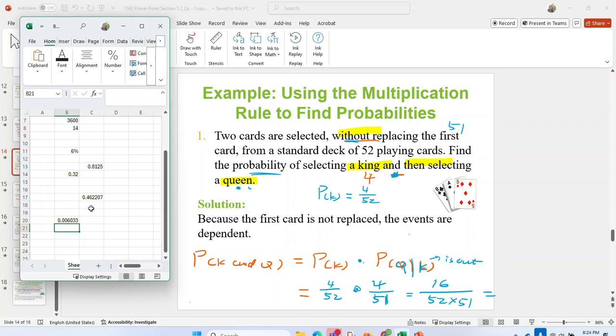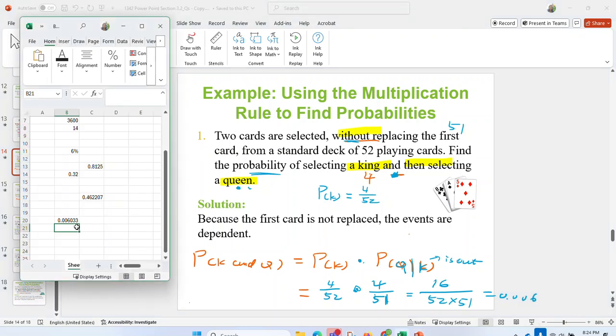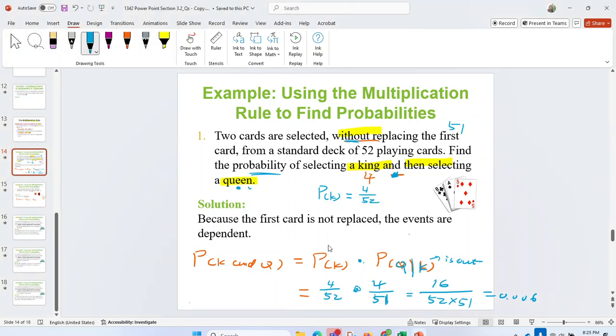We know this probability is small, or 0.6% of the chance only. So this only gives you a tiny chance that the first one is a king and the second one is a queen without replacing it.